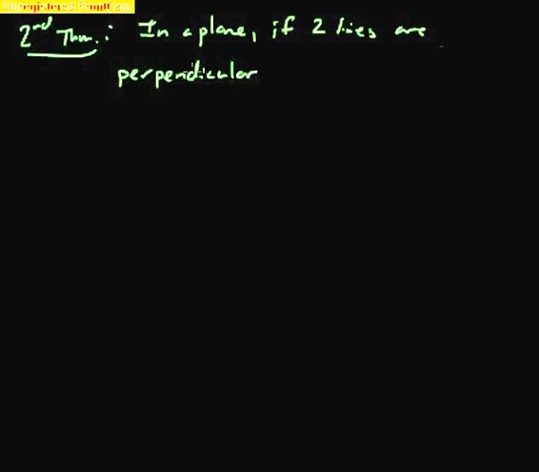The second theorem states in a plane, so we have to be coplanar. That's why it says in a plane. So we're on the same plane. In a plane, if two lines are perpendicular to the same line, then they are parallel to each other.